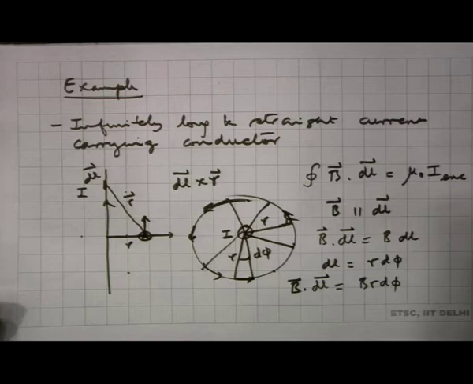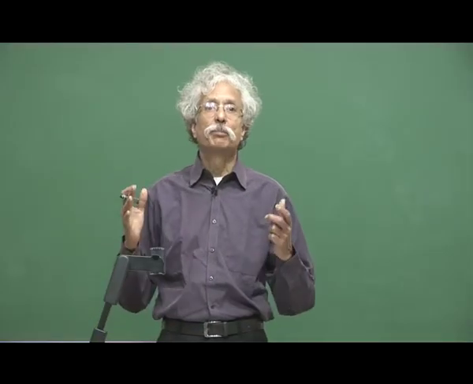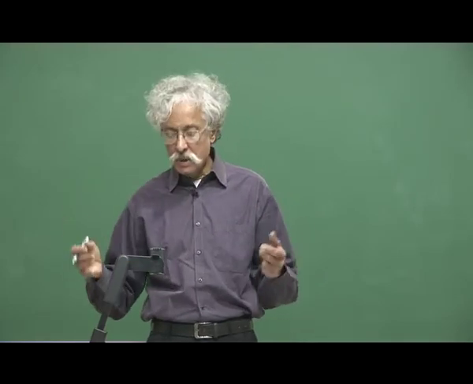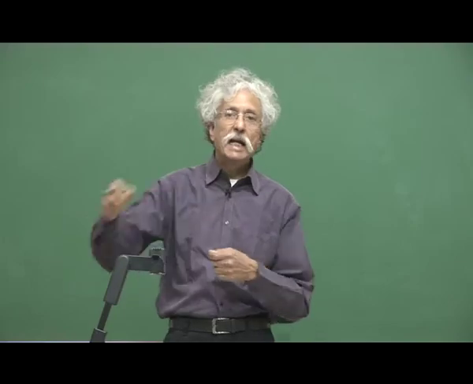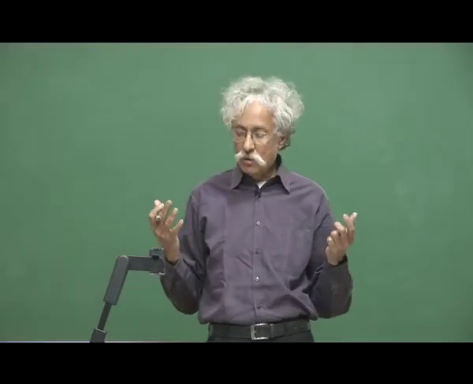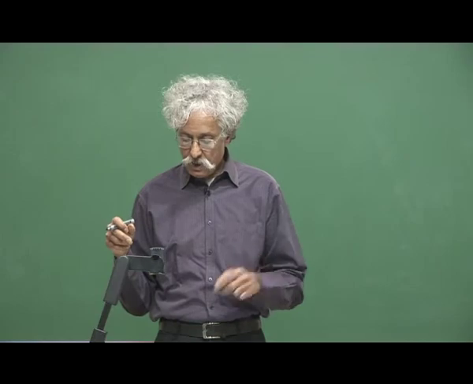I can use some symmetry arguments to find out the orientation of the B vector and its dependence on the distance from the wire, the position along the wire, the angle with respect to the wire, etc. Through symmetry arguments I can find all this out, and then I choose an appropriate path of integration which will help me to take B out of the integral. This is what I have done.